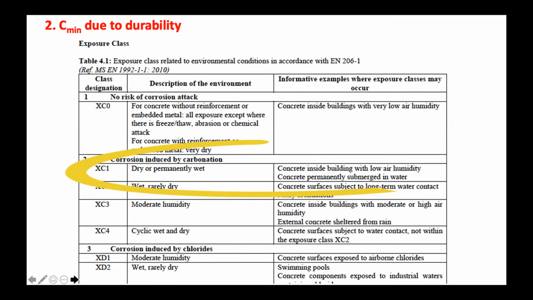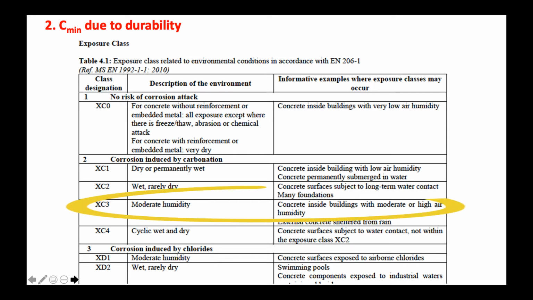The exposure classes can be obtained in Table 4.1 of Eurocode. It shows a lot of different cases. For example, XC means exposure to carbonation, and XD means exposure to chlorides.